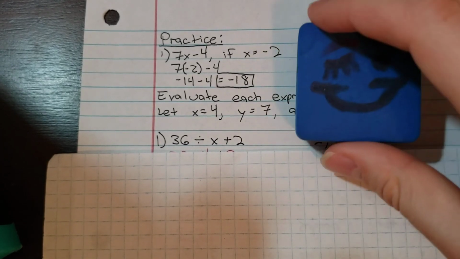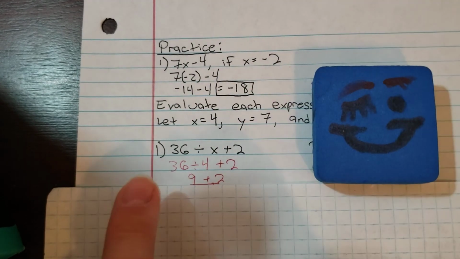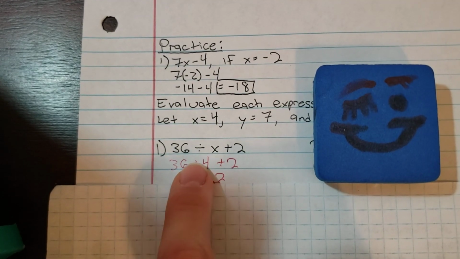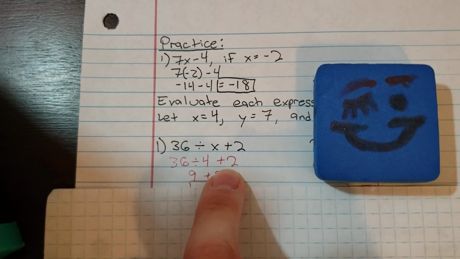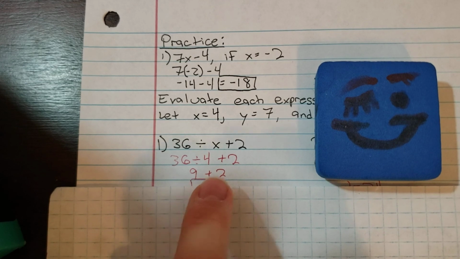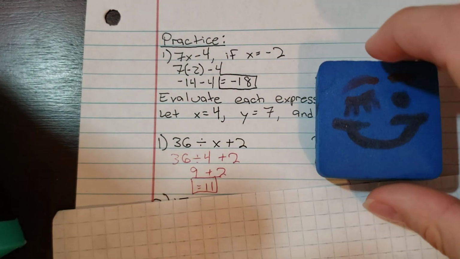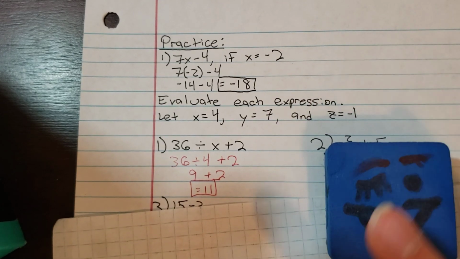For number 1, I've substituted. Now division comes before addition, so I'm going to divide 36 by 4, and then I'm going to add, give me 11.